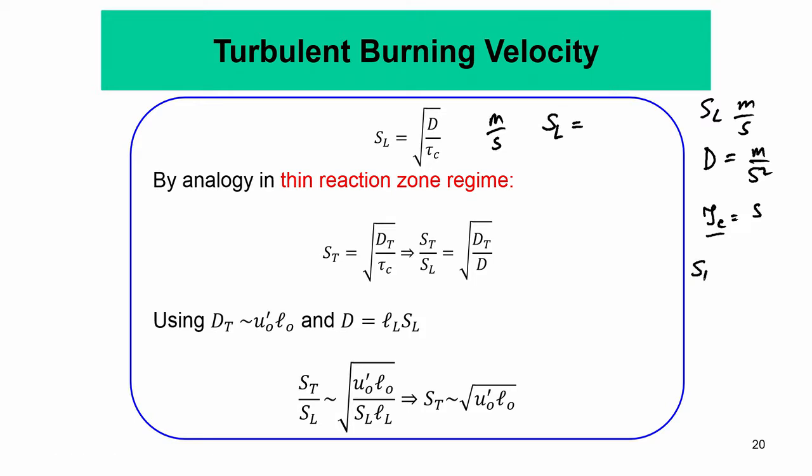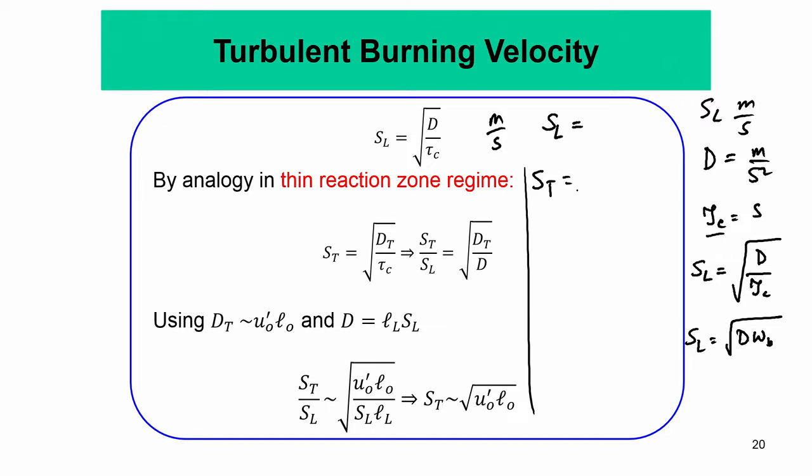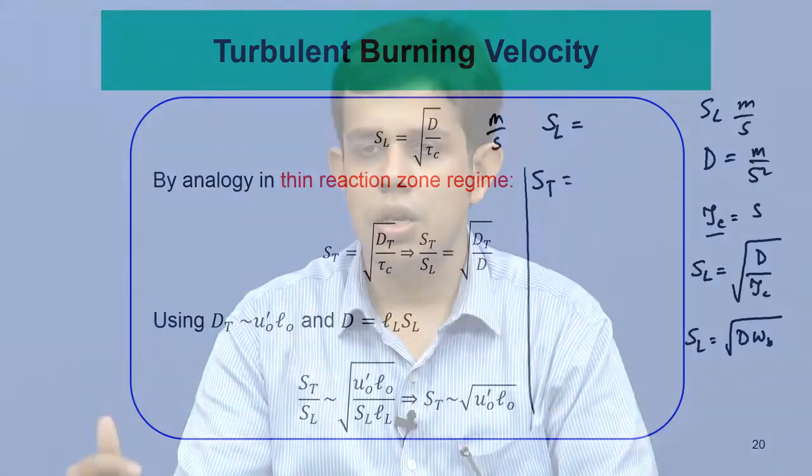Then by scaling argument we can write SL is essentially equal to D by tau c, that is, the thermal diffusivity by a chemical time, or SL is equal to root over D times omega b. Now, by analogy, for the turbulent flame speed in the thin reaction zone, Damköhler says that the diffusivity is no longer just the thermal diffusivity governed by molecular processes.